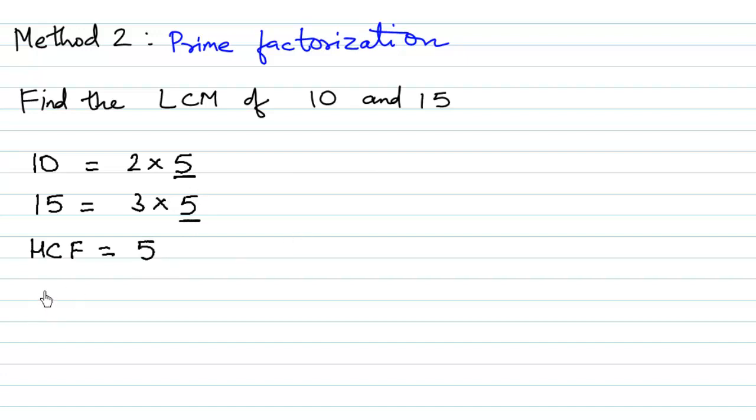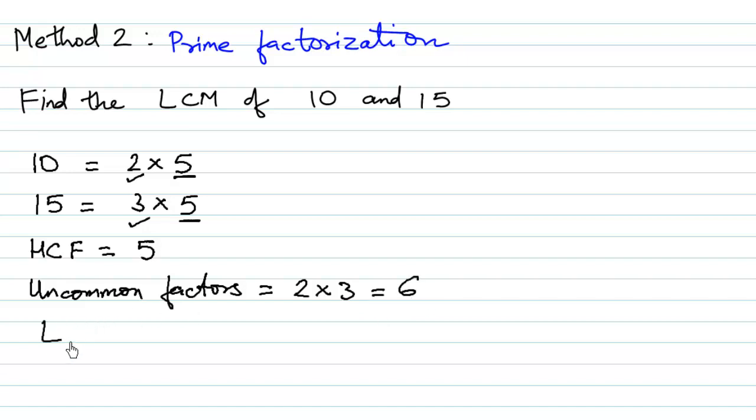Then we are going to write down the uncommon factors, or the factors which are not common to both these products, and they are 2 and 3. So 2 and 3 are the uncommon factors. So 2 3s is 6.